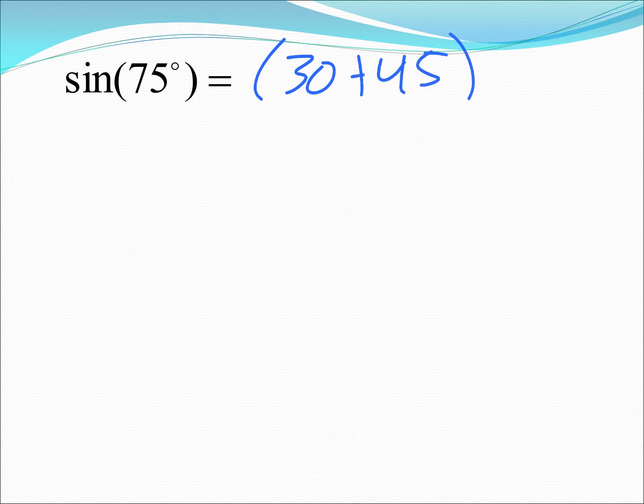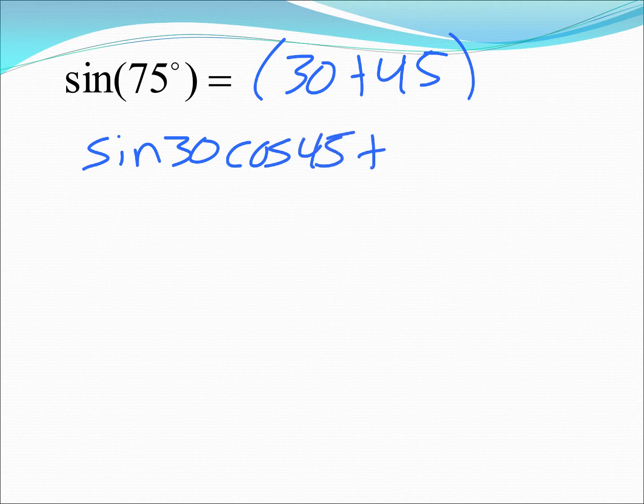Okay, so now we're going to go ahead and split up the sine of 75 to be the sine of 30 plus 45. Using the sum formula, it's going to be the sine of 30 times the cosine of the other angle, 45, plus the sine of 45 times the cosine of 30. Okay, now we're going to plug in our values.